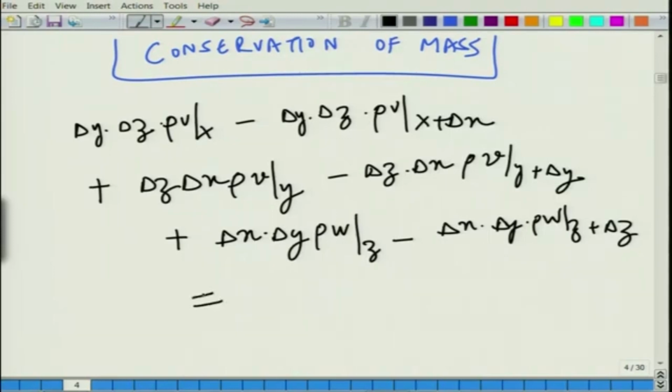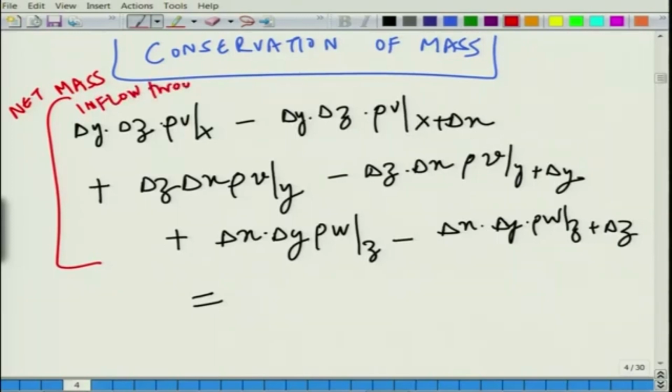So, this is what we have done basically. We have figured out the net mass inflow through the surface of delta V. So, this is the net mass influx.